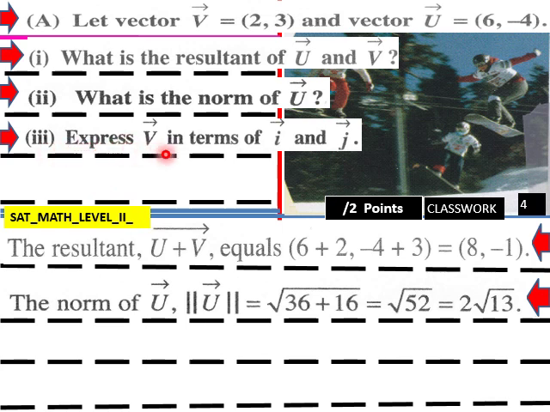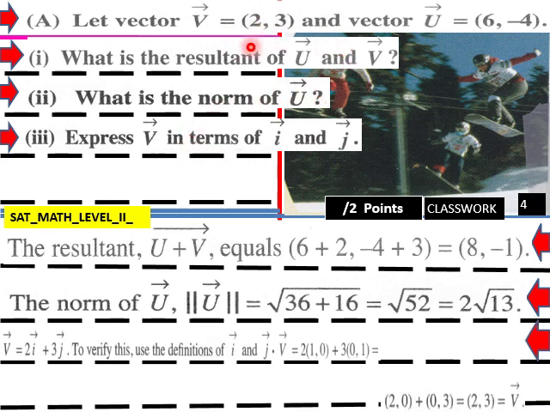3, express vector v in terms of i and j. So this is vector v up here. How do we express that in terms of i and j? Vector v is 2i plus 3j. To verify this, use the definitions of vector i and vector j: 2 times 1, 0 plus 3 times 0, 1.